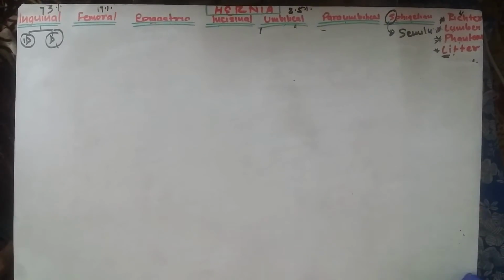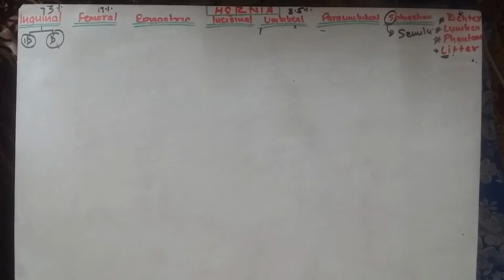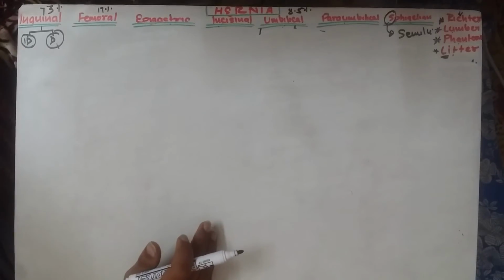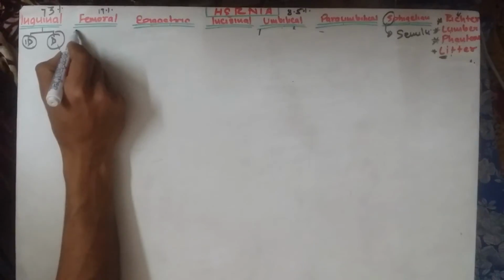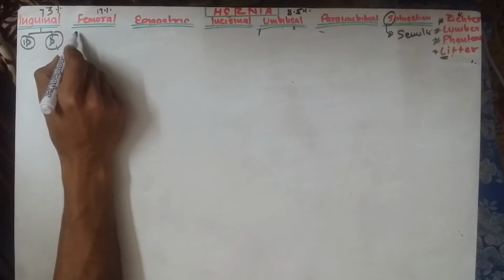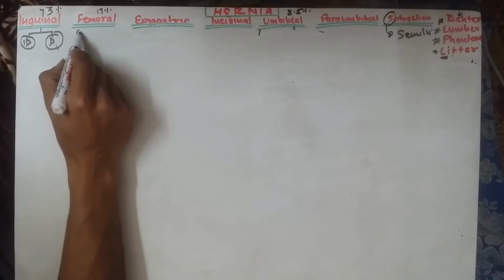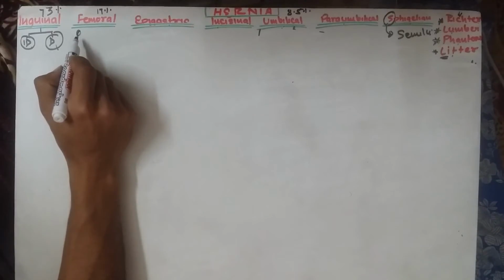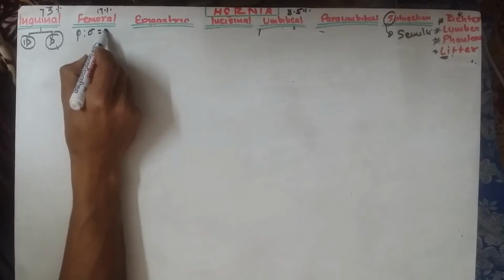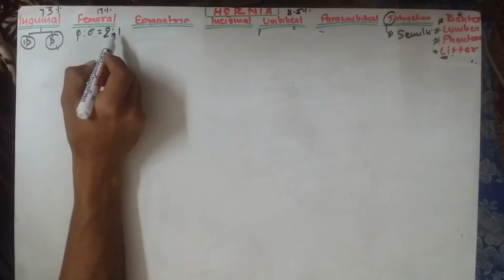And the femoral canal usually starts from the femoral ring to the saphenous opening. For femoral we should also remember that, as we saw that the inguinal was more common in male, but the femoral is more common in female. The ratio of female to male is 2:1.